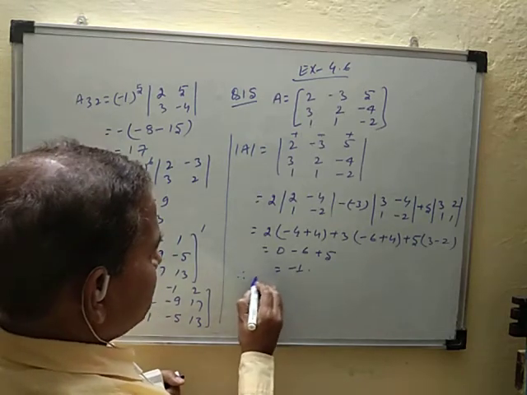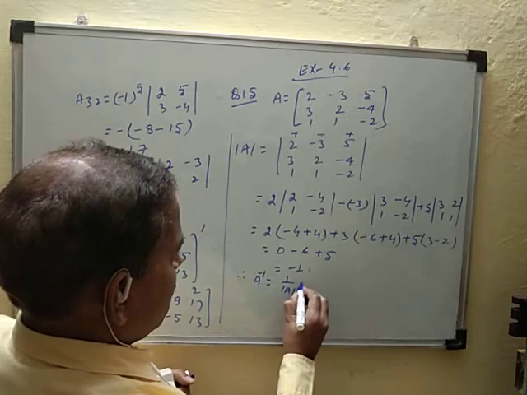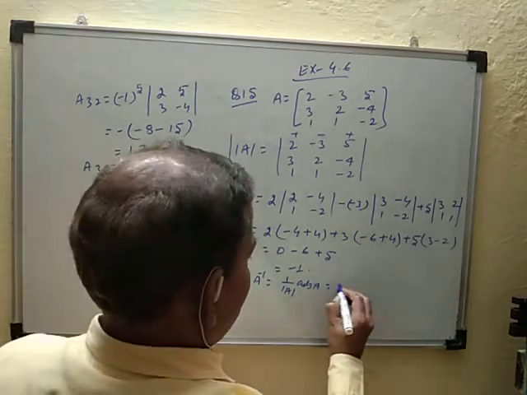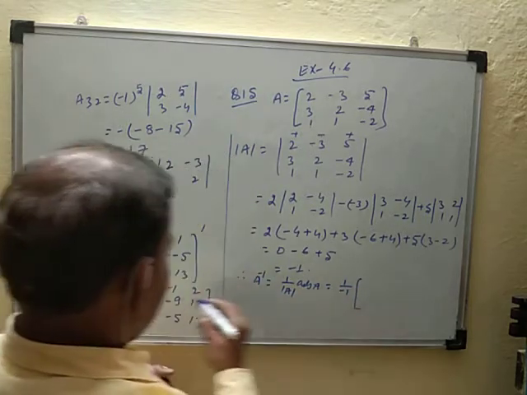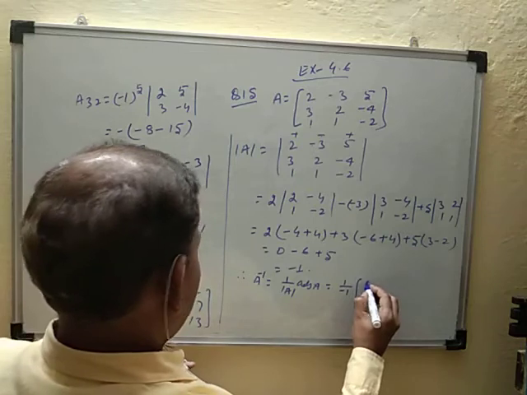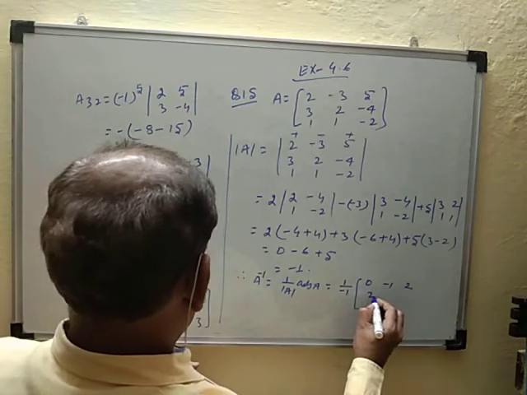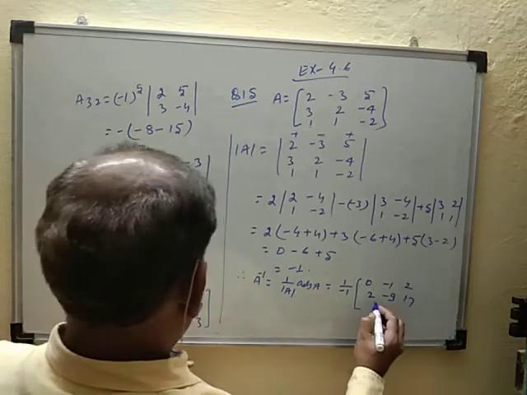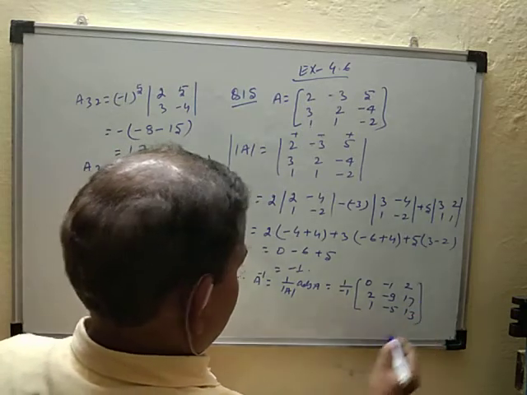Therefore find inverse. Since A inverse is equal to 1 by determinant of A into adjoint of A, so this equal to 1 by -1. And what is adjoint? Adjoint is 0, -1, 2, 2, -9, 17, 1, -5, 13.